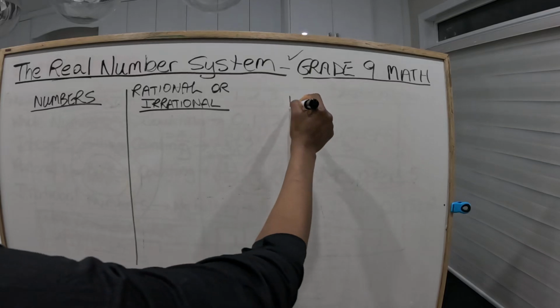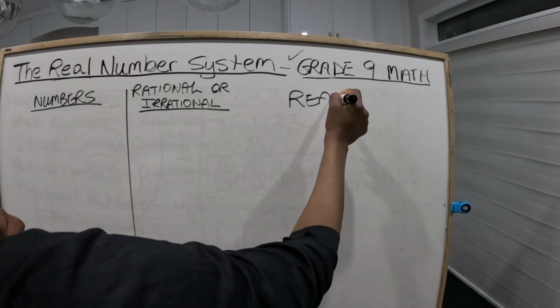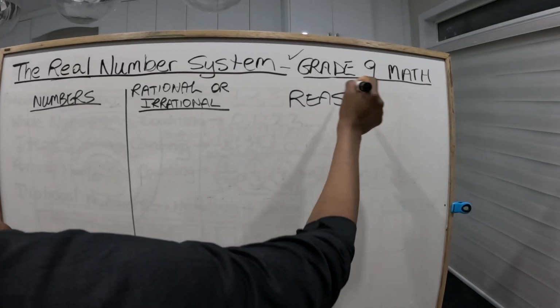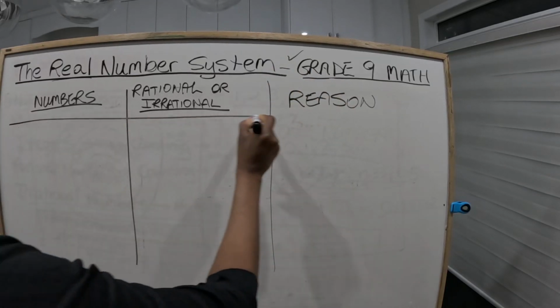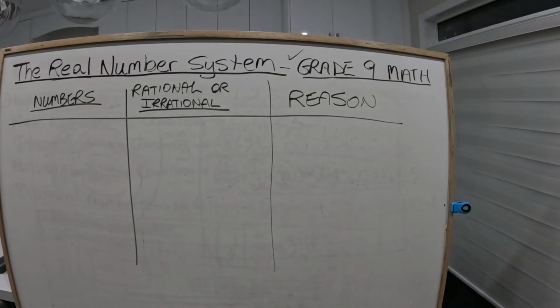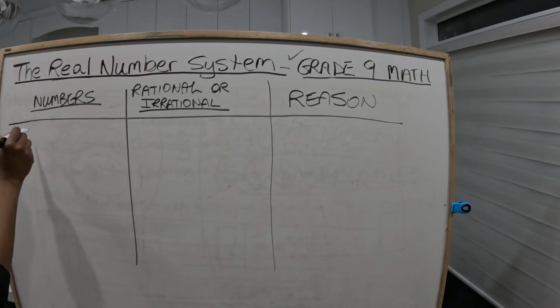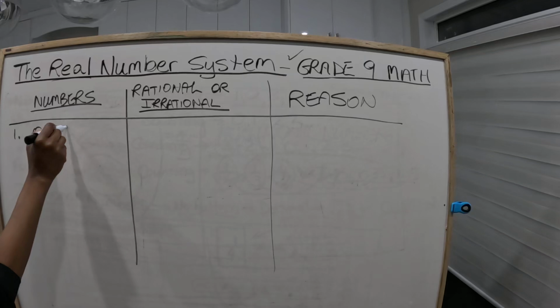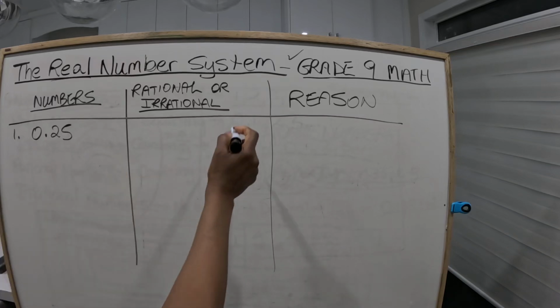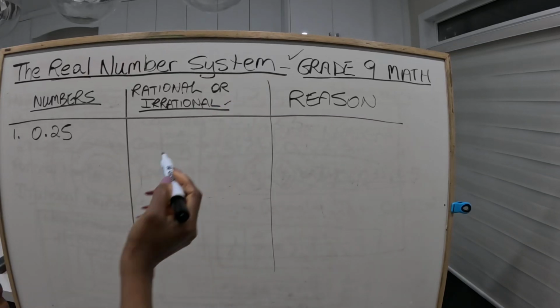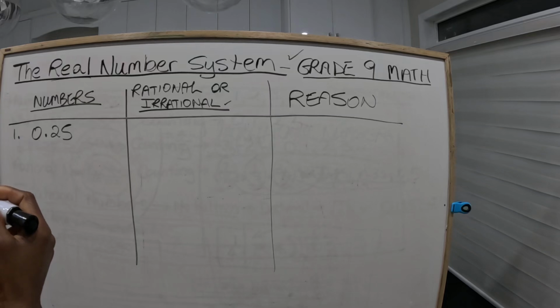And we're going to say why they are rational or irrational. So going back to what we talked about, 0.25. Is it a rational or irrational number? Remember what irrational means. Irrational is it continues and there's no pattern.